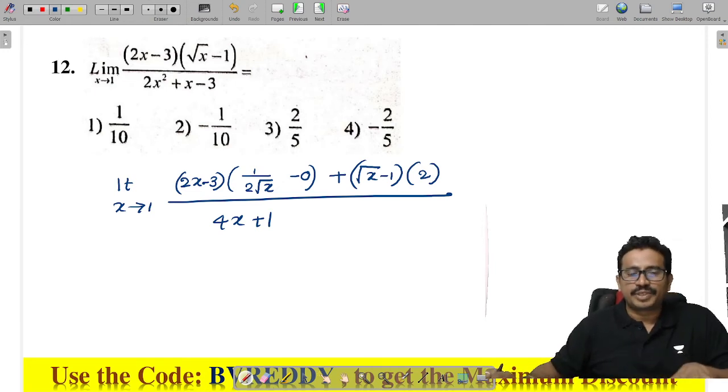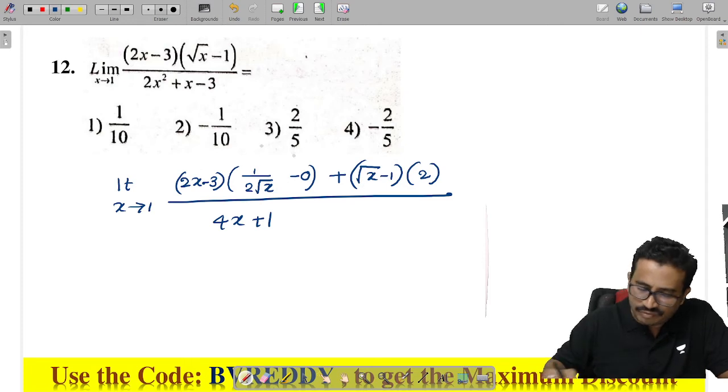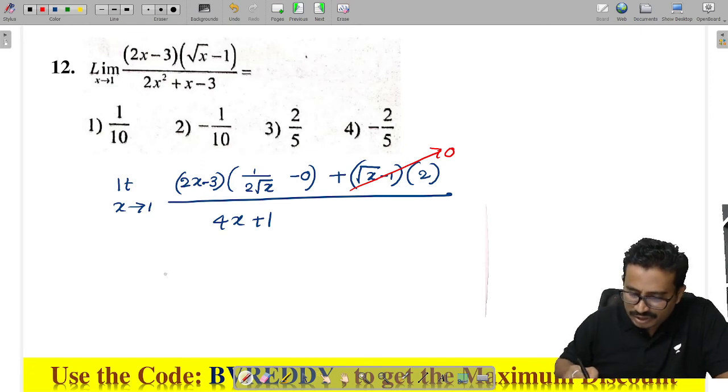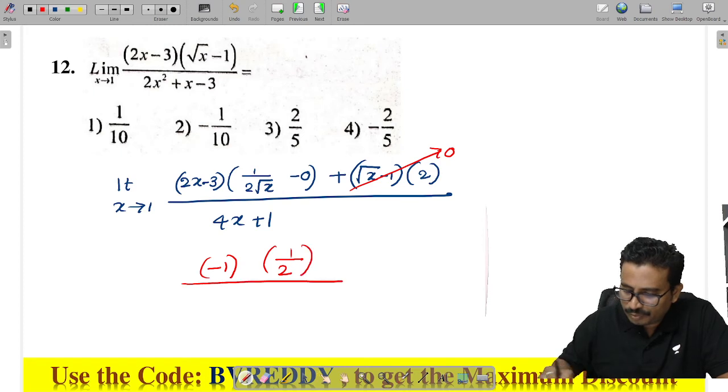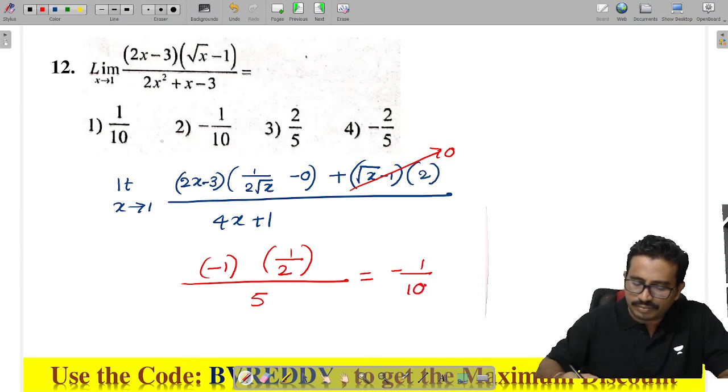Now if I substitute x equal to 1, this term will become 0. So this is 2 minus 1, that is minus 1, into 1 by 2, over 4 plus 1. So minus 1 by 10 will come.